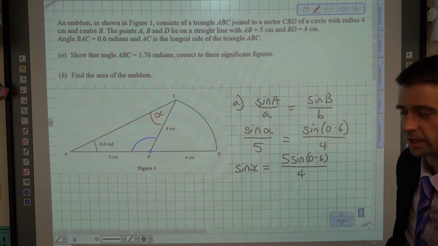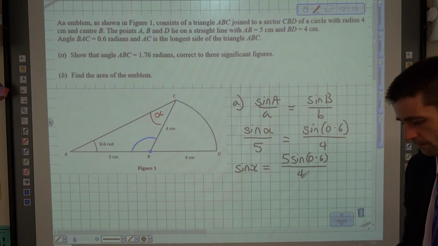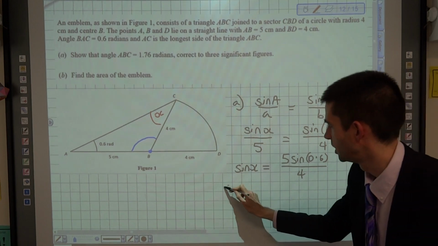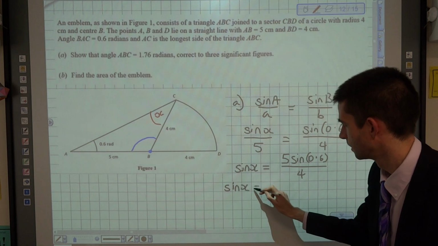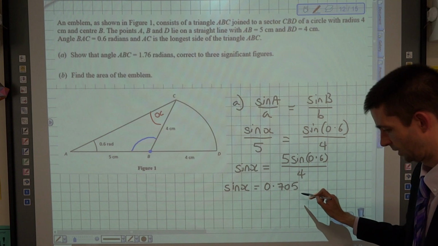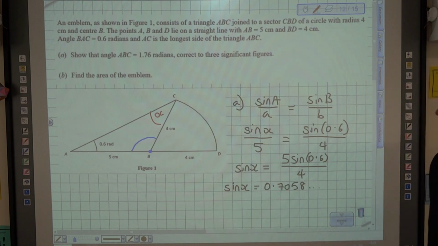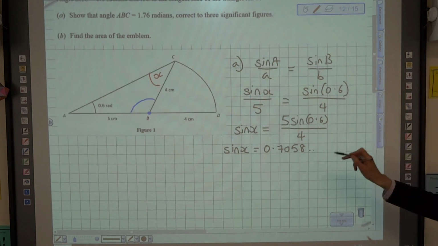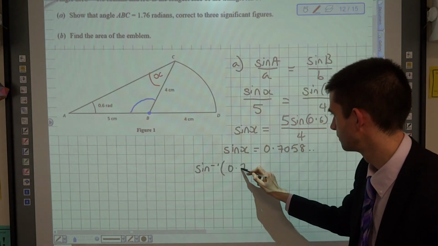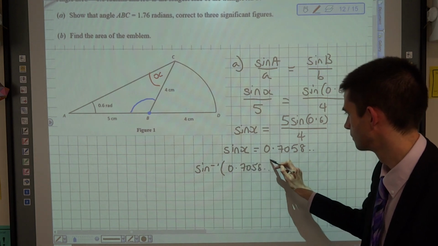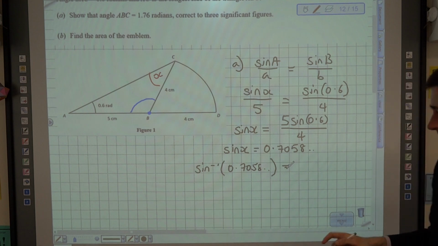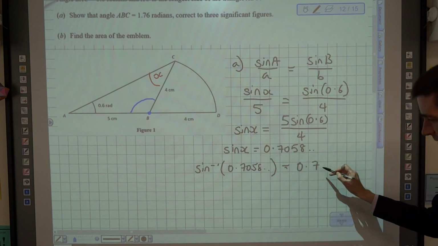So I'm just going to get that as a numerical value, which is 0.705, etc. Now, I'm going to have to do sine inverse of that to find the angle x, which is 0.78355.